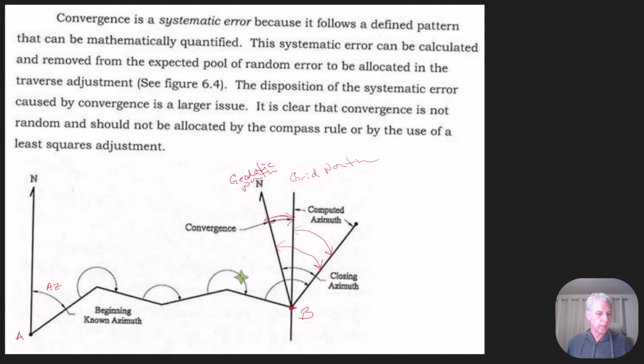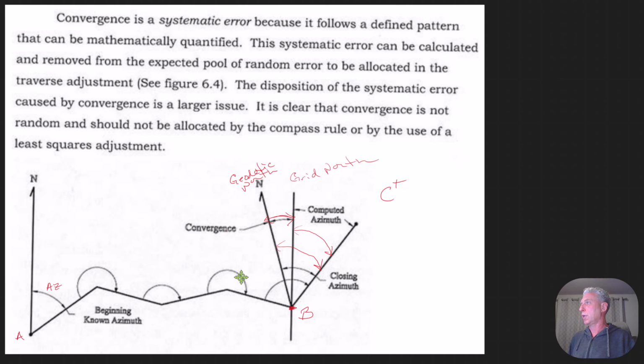So let me look at my notes. What did I say that was? We said when grid north is east of geodetic north, then we have a positive convergence. And so then we would subtract it, right?